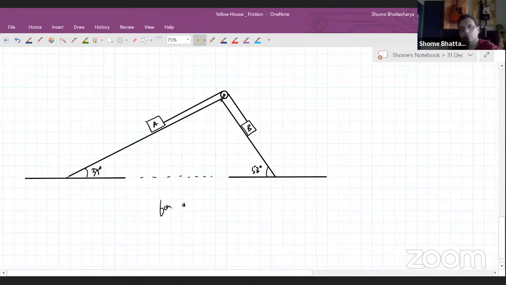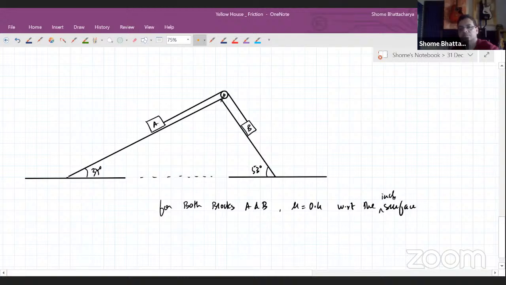So for both blocks, A and B, the coefficient of friction is 0.4 with respect to the surface, okay, the inclined surface. And mass of A is 60 kilograms, mass of B is 40 kilograms, g is equal to 10 meters per second square.